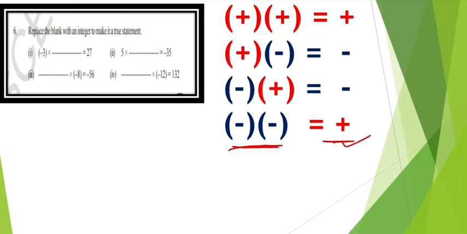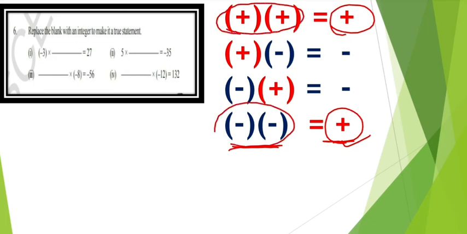That means when the result is a positive integer, either both must be positive or both must be negative. Keep in mind, when you are getting a negative integer as the result, one is positive and the other must be negative. If the first one is negative, the second one must be positive. Like that you have to fill the blanks.